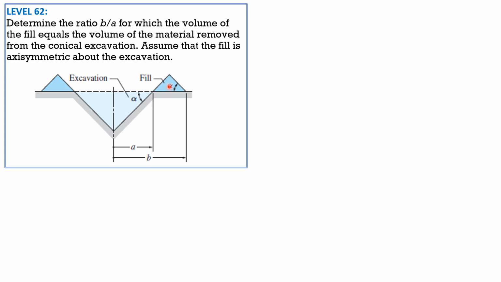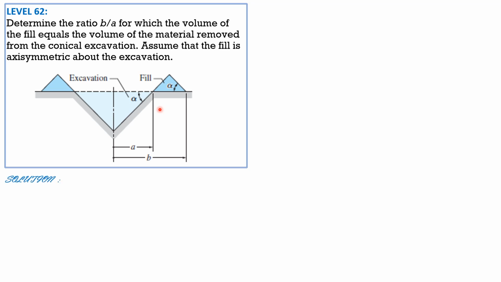Then the radius of revolution is the distance from this axis to that axis there, which is A plus this distance. So this distance is half of the difference between B and A. So A plus B minus A over 2. This is B minus A over 2.